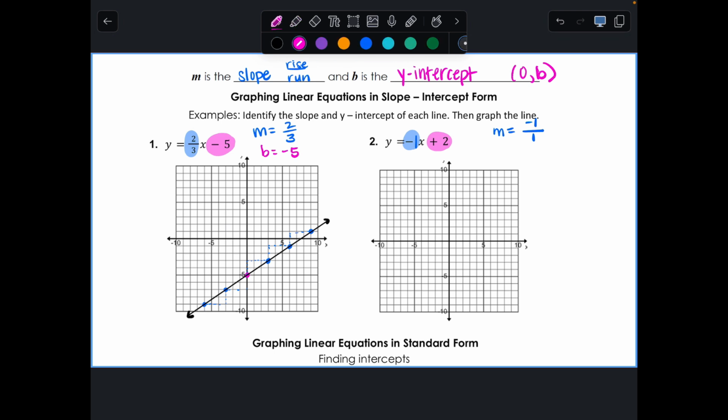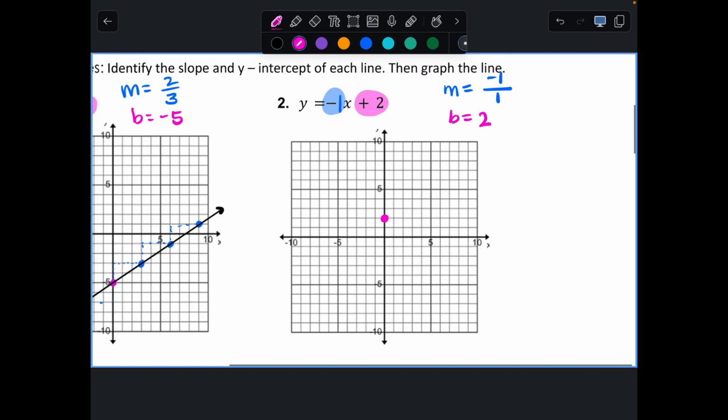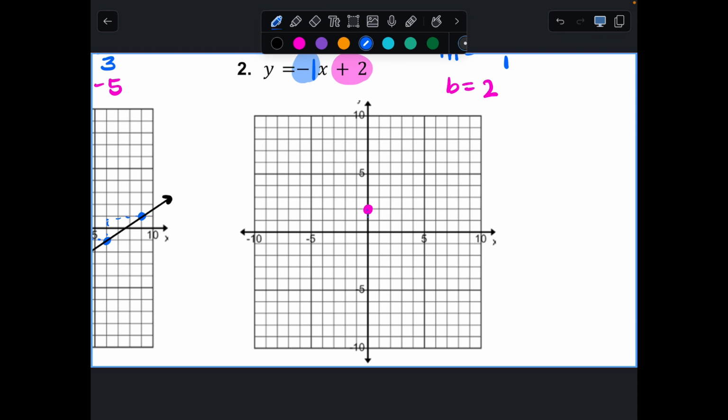My y-intercept is 2. First point's going to be at positive 2. So starting from my y-intercept, I'm going to go down 1 and 1 to the right. All the way across.